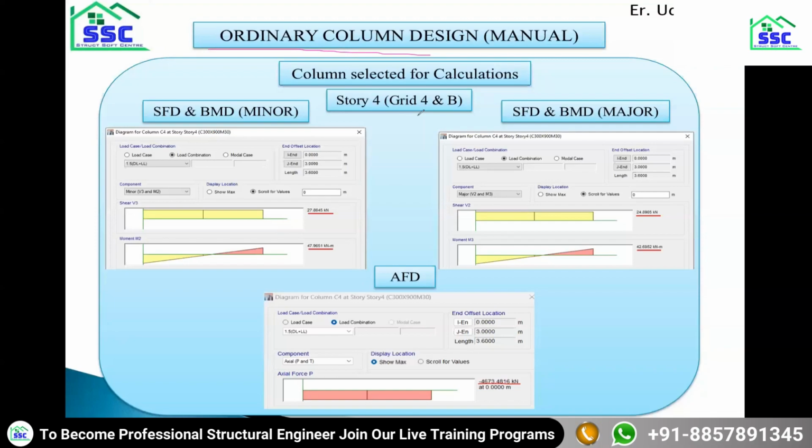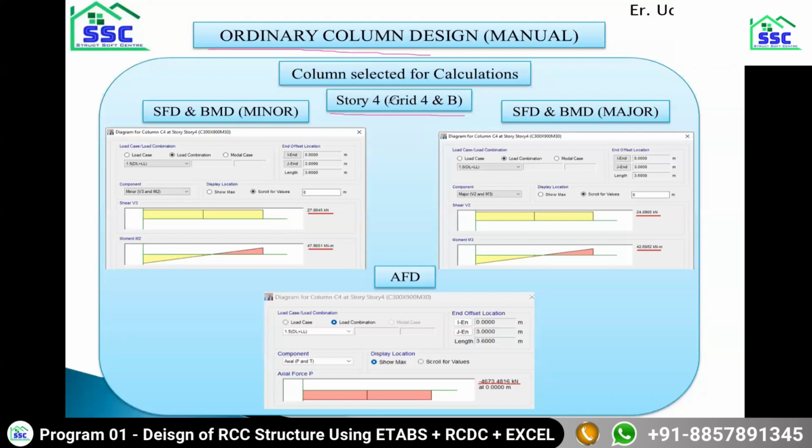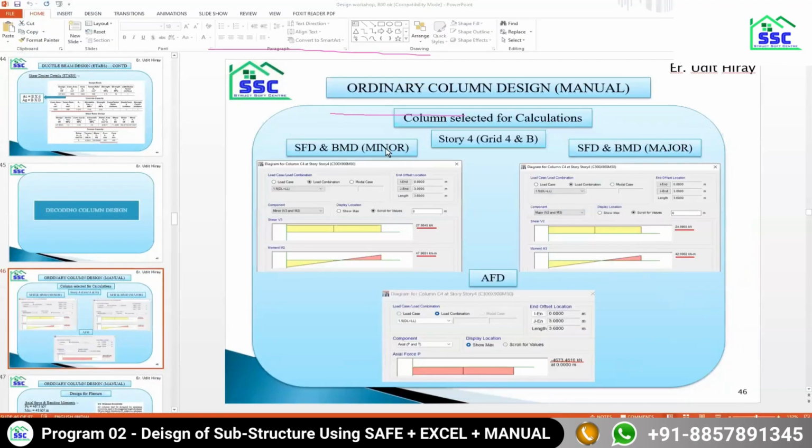Similar to what we did yesterday, we selected one random column, which is the column on story 4, grid 4 and B. We extracted the results of that column. I'll just show you that column in our actual Etabs model.